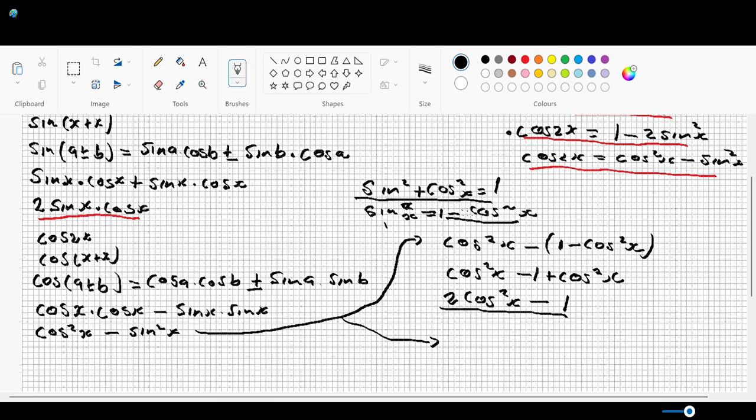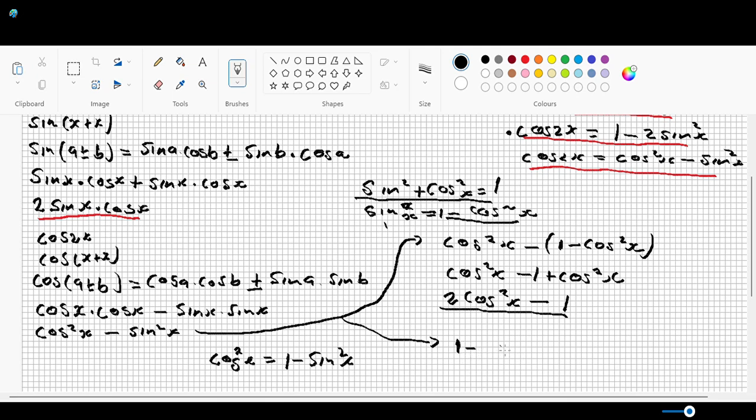This time around I'm gonna make cos the subject of the formula. So it's gonna be cos squared x, which is equal to, if you take sine to the other side, 1 minus sine squared x. So wherever there is cos squared, we substitute with 1 minus sine squared x.